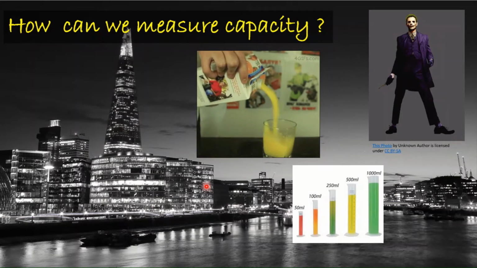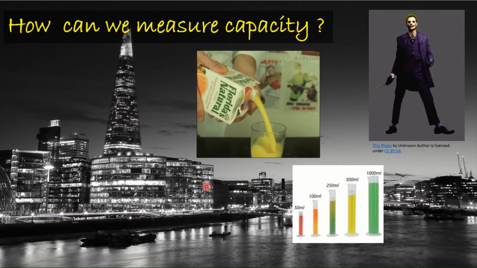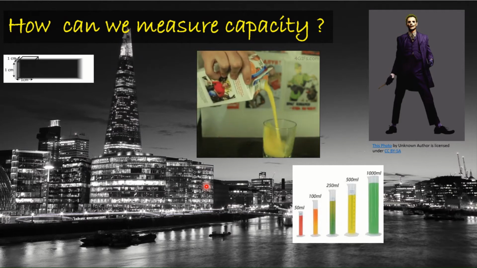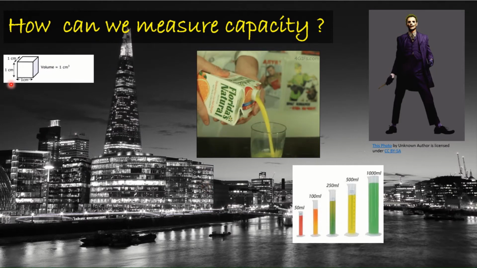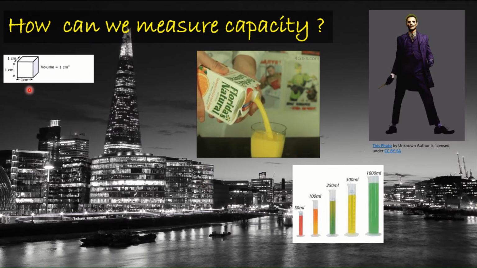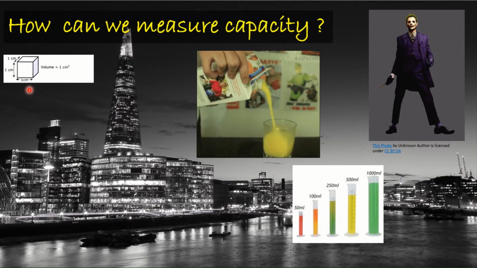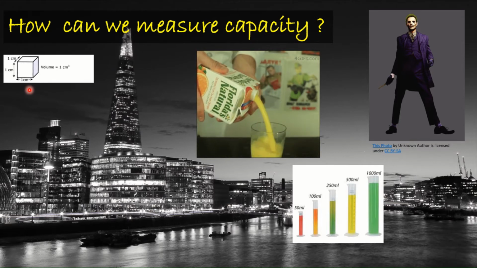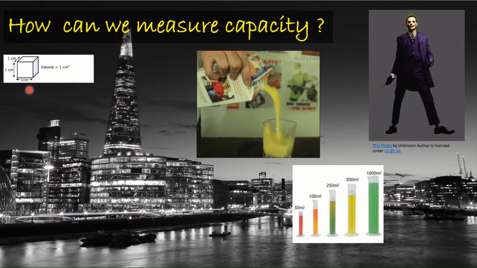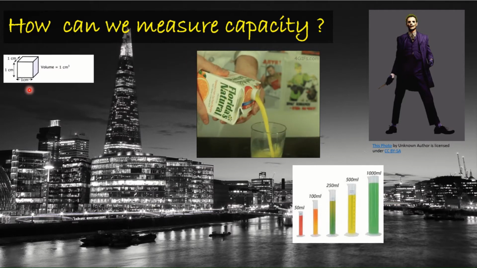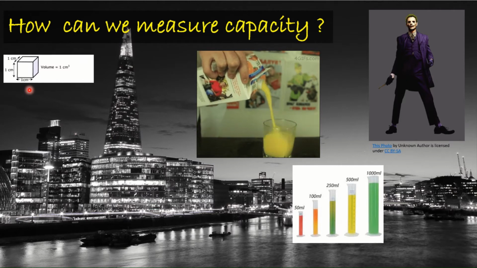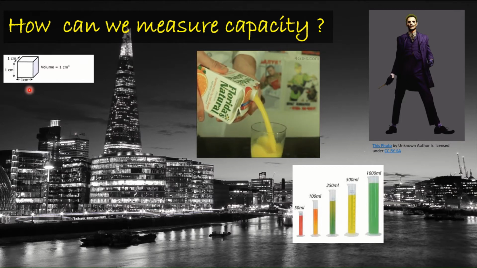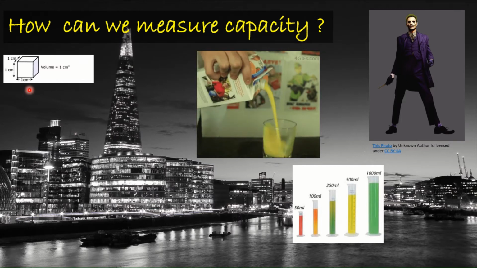So what is the relation between centimeter and liter? Let's see this also. You all can visualize 1 centimeter. Just because you are using a ruler in everyday life, 1 centimeter is so small. So just imagine a small cube whose length is 1 centimeter, breadth is 1 centimeter, and the height is also 1 centimeter.